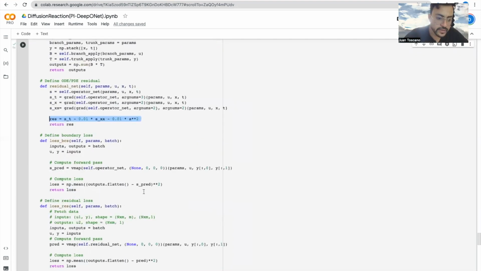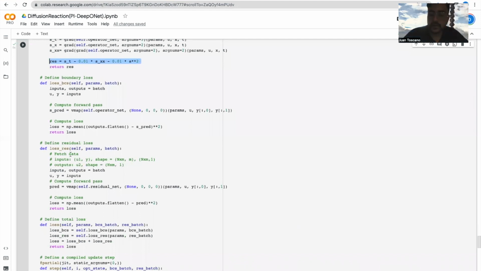Okay, so now to define the loss of the partial differential equation, or loss physics as we defined it before, the only thing we do is get the batch, which would be the data from the collocation points. We select the input and output. U and y would be the input. That's what our operator takes. And then we predict the result.